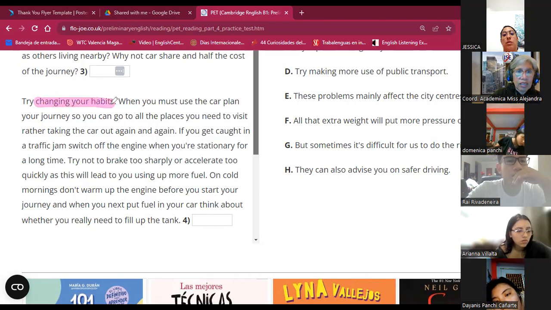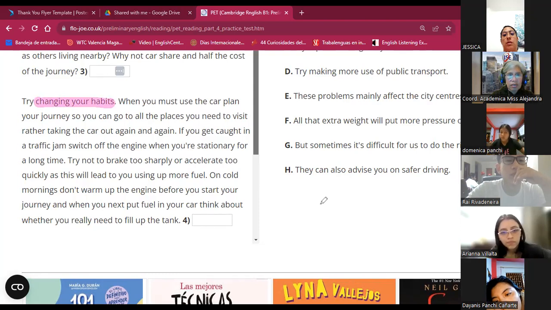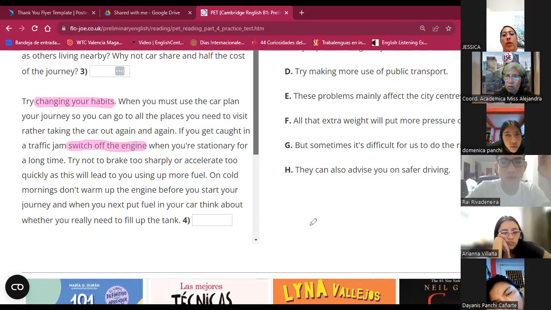What else is important in this paragraph? What's next? What happens if you're in a traffic jam and your car is not moving? Switch off the engine. And then when you move, what do you have to do when you move your car?